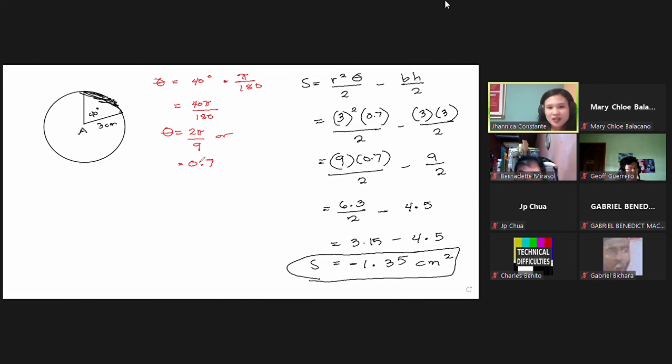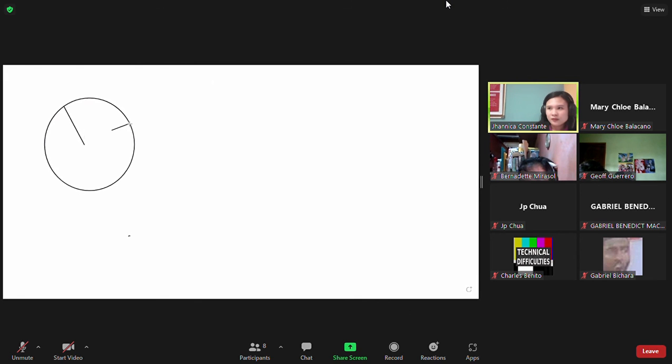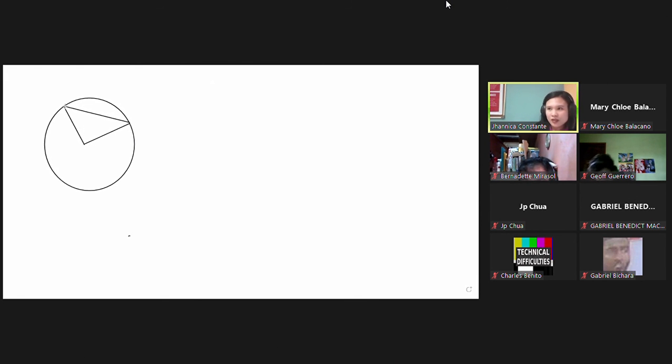Okay, with this example, try to solve for this circle. For example, we have this given circle, and we need to find the area of the segment.